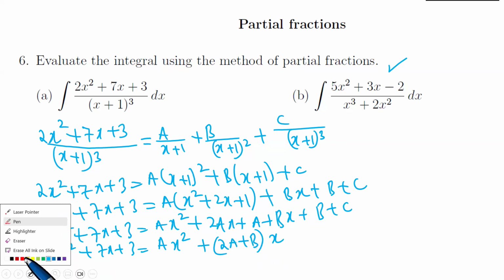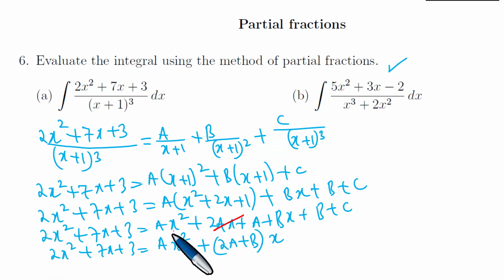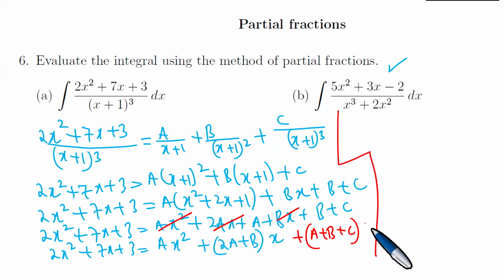So that in the end, you have the following. It is therefore clear that at this point, A equals 2. 2A plus B equals 7.